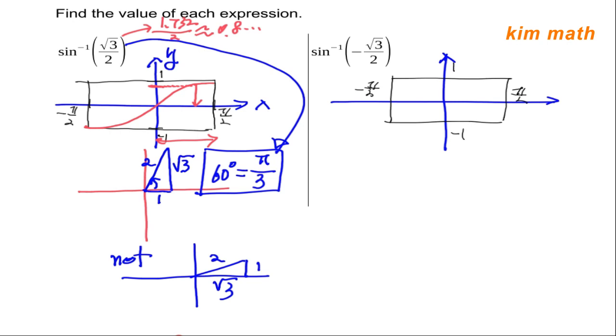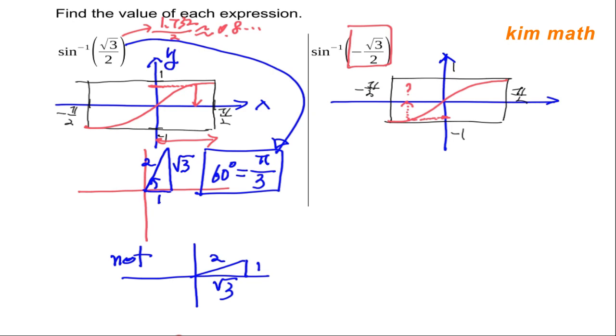This is -1. Your graph is here. Now your value is negative square root of 3 over 2, which is here. Now the corresponding function value is here. Okay, this is your answer.